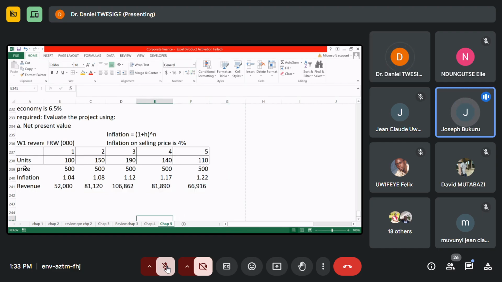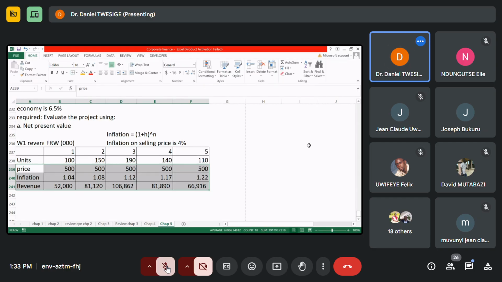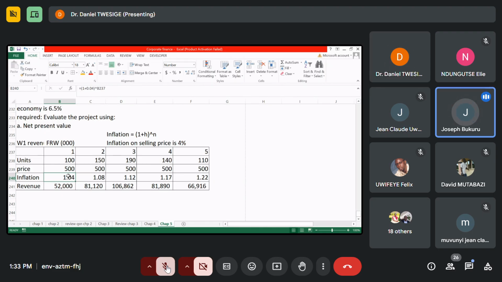Can you click on the formula? Yes, the formula on inflation, it's the one I've put up. Yes, click there. Yes, I've clicked. Now we want to see the formula.